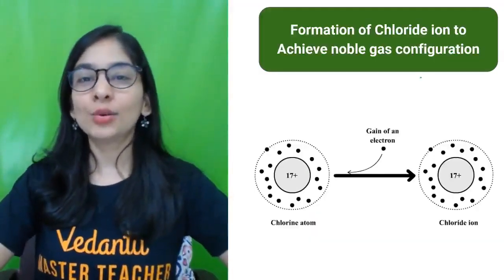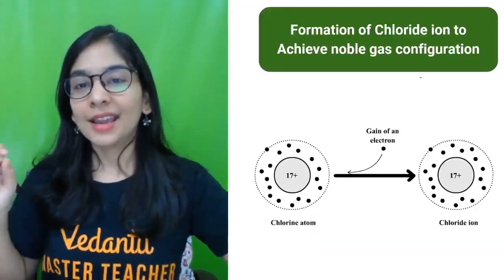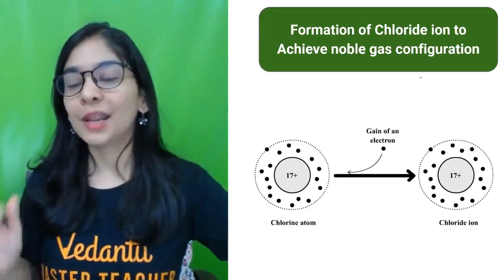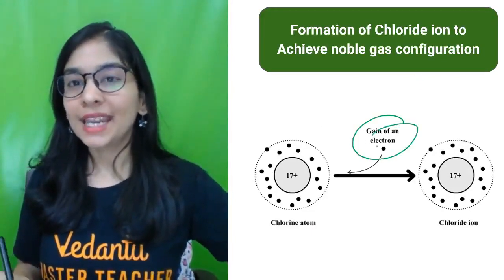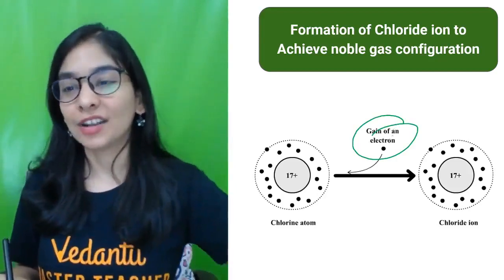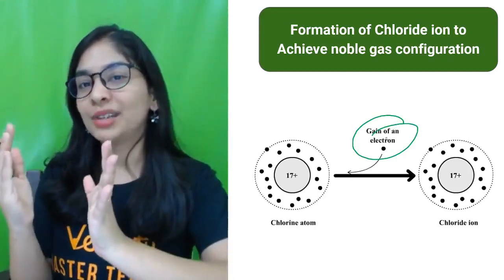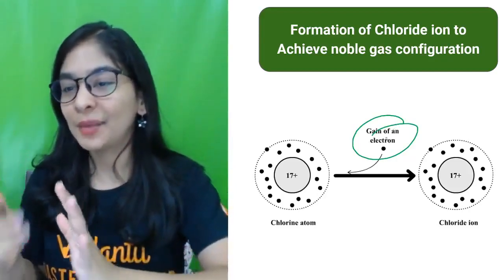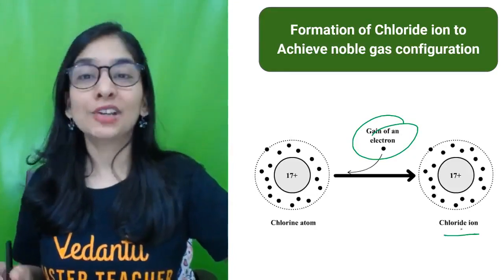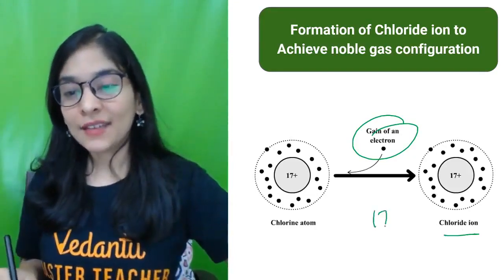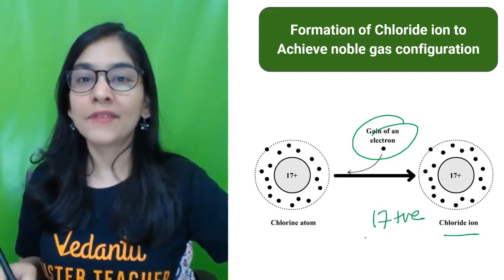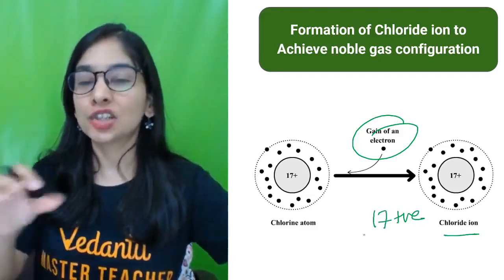So whoever is interested, it's like, please give me 1 electron, I'll be very happy. So it will gain an electron from the sodium that has lost one. It approaches sodium: sodium, please give me an electron, I'll be very happy. So it will gain an electron. 17 positive charge due to 17 protons, due to atomic number 17.